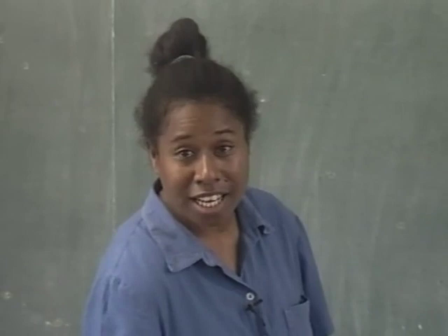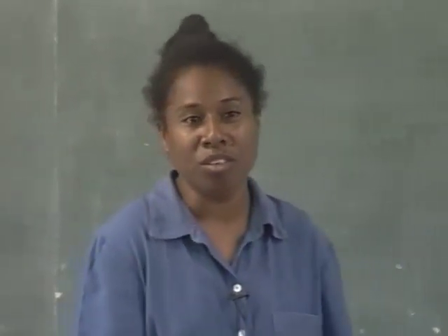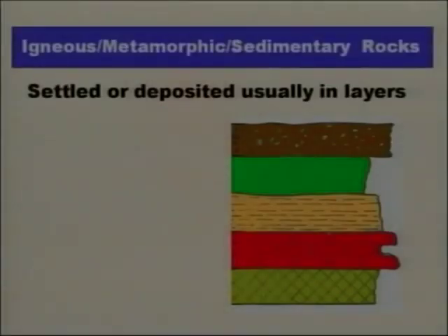So let's look at the way in which those materials which have been carried will be deposited. Okay, they get to be deposited, but they may be deposited in what we call different layers. From what we have studied already, what is the term that we use to describe the different layers of sedimentary rocks?